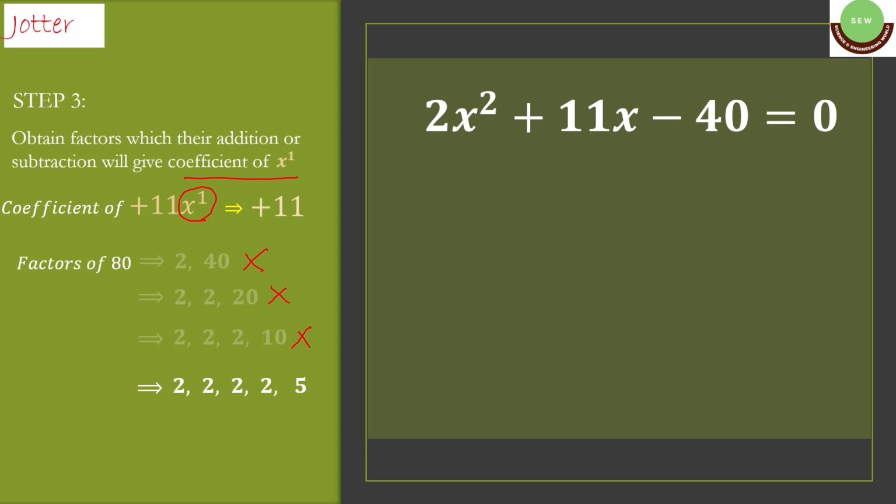So the factors that we're going to use are 16 and minus 5. So the factors of 16 and minus 5 should replace the middle term here. Therefore, 16 minus 5, we have to replace plus 11.